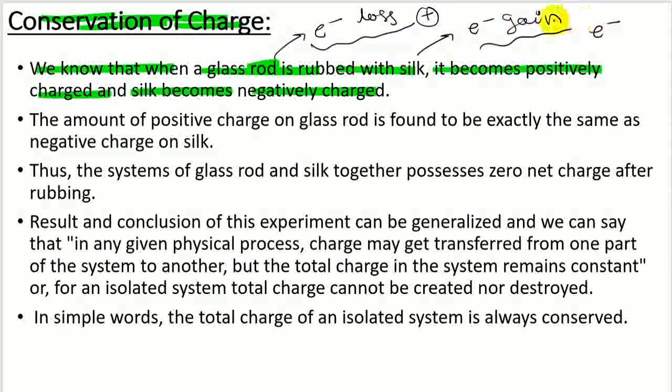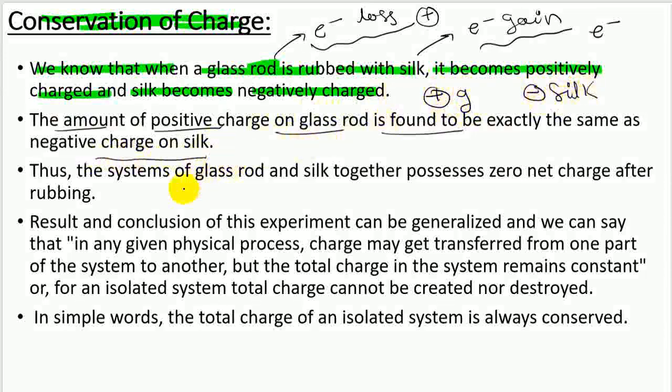The amount of positive charge on the glass rod is found to be exactly the same as the negative charge on the silk. Thus, the system of glass rod and silk together possesses zero net charge after the rubbing process.